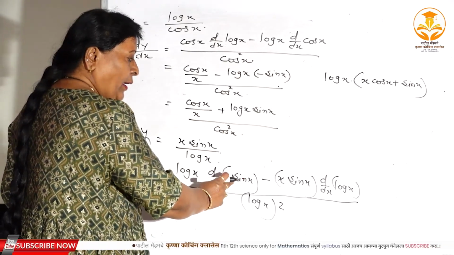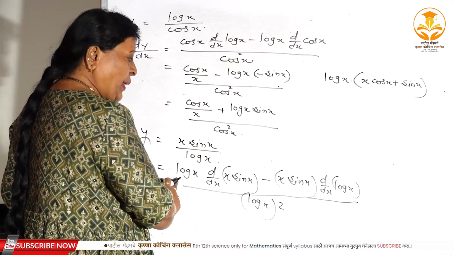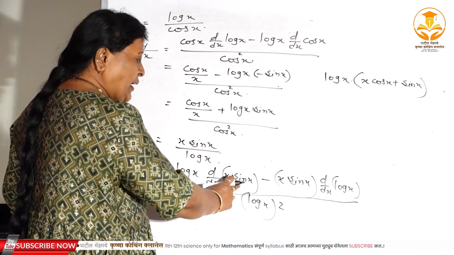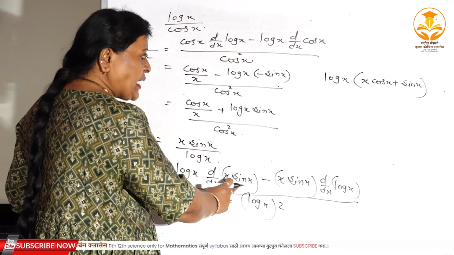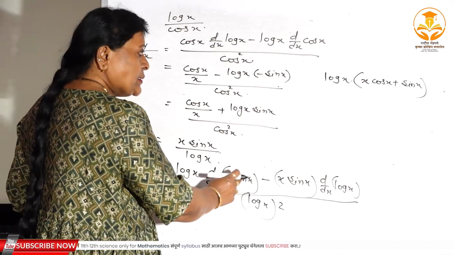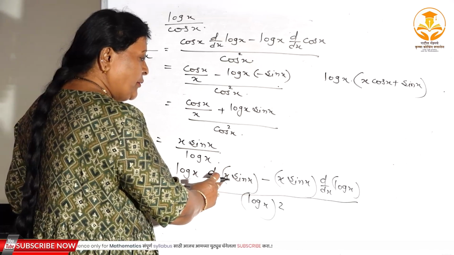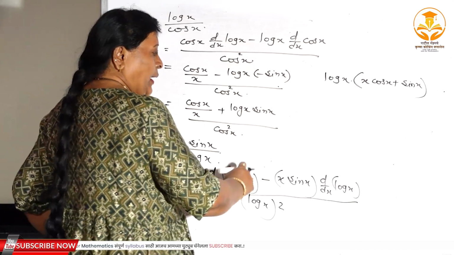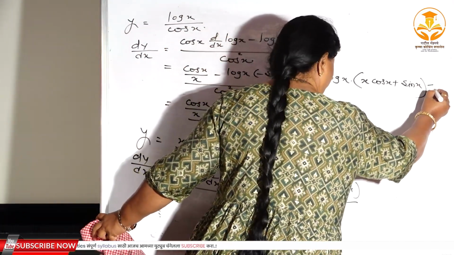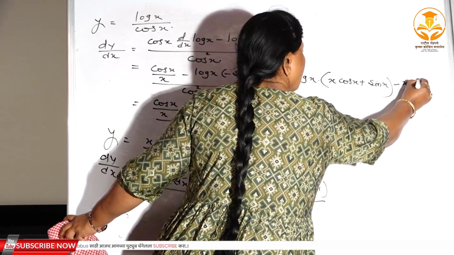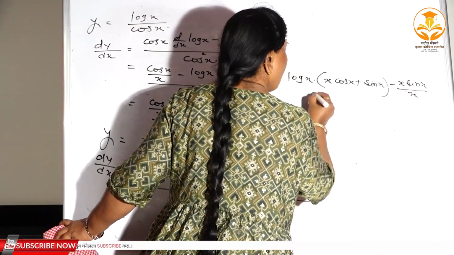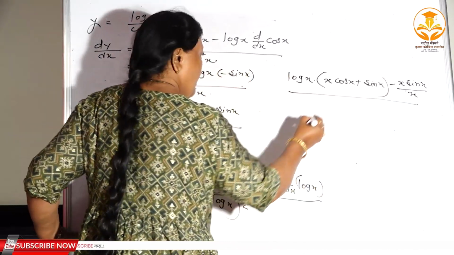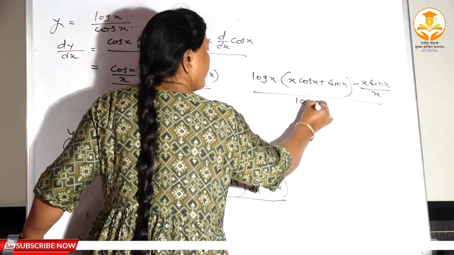Log x remains as it is. The d/dx of x sin x is x remains as it is, the derivative of sin x, that is cos x, plus sin x remains as it is, and the derivative of x is equal to 1. Again, minus x sin x remains as it is, and the derivative of log x is equal to 1 by x, divided by log x whole square.